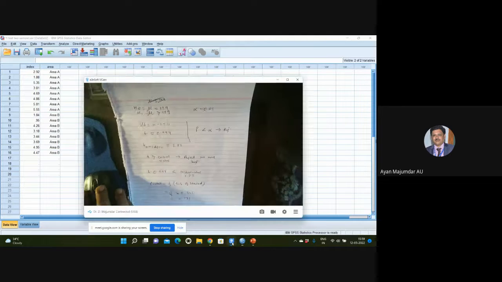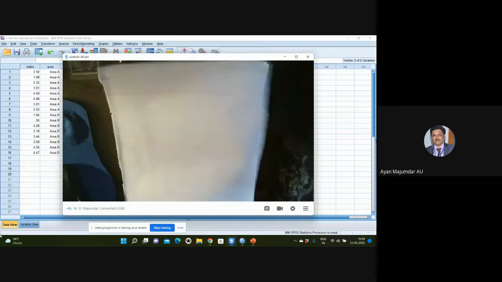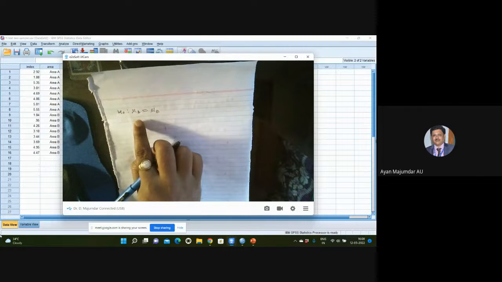Now before that, let us just write the hypothesis. So here it is the mean of 2 areas. The null hypothesis is that the mean pollution level of area A and area B is the same. There is no difference.